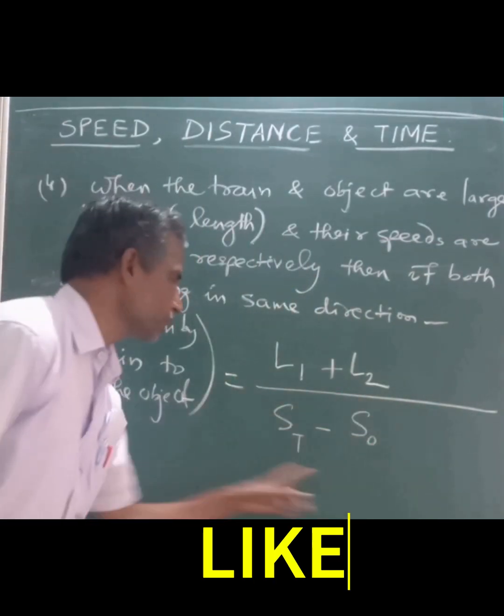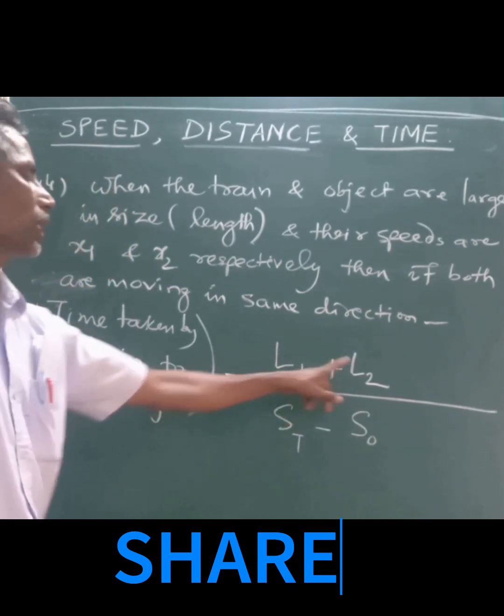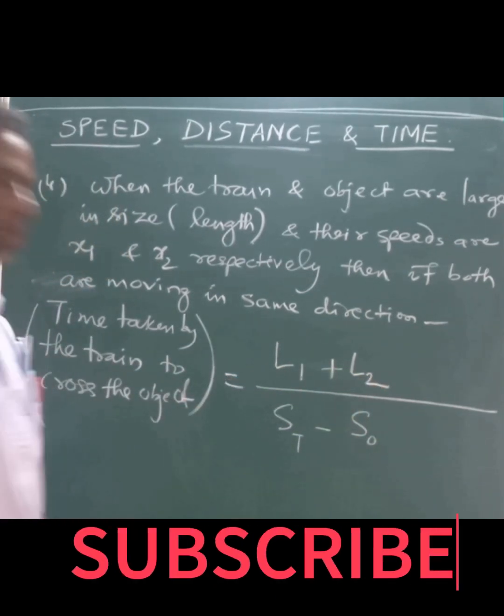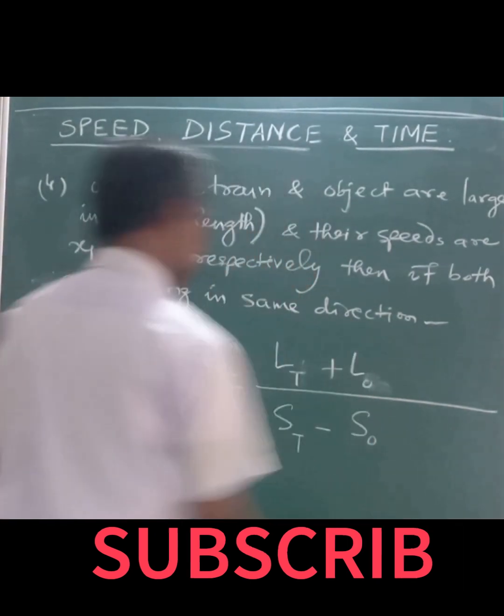This is relative speed. Speed of train, speed of object. Here are length of a train, length of object. Okay. Also you can write length of a train and length of object.